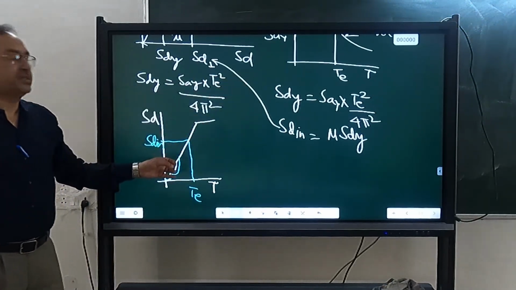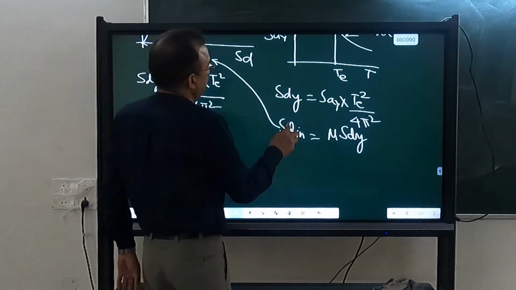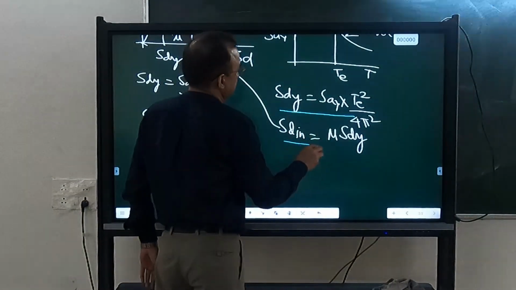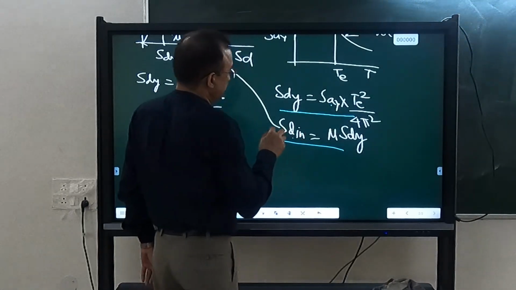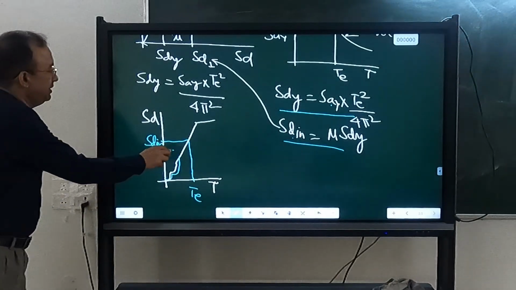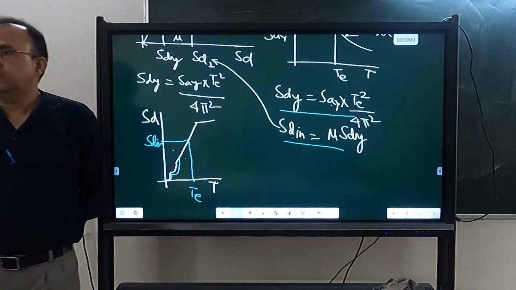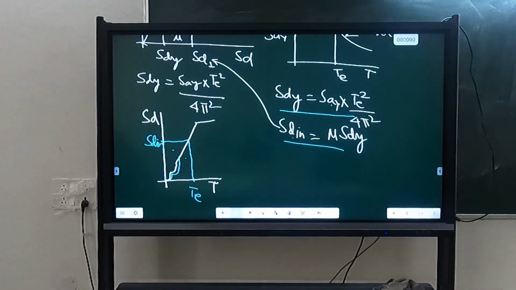So this and this are the same. Here what I am doing, I am converting SA into SD inelastic. The same is done here. So this is shown graphically here.